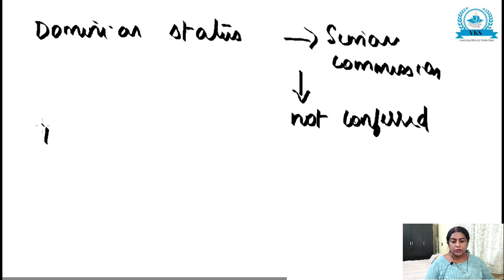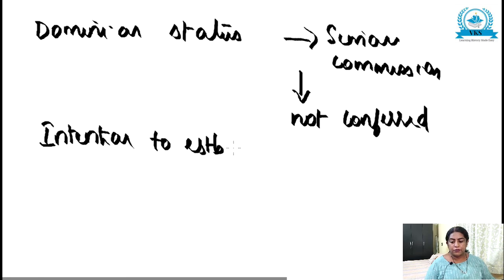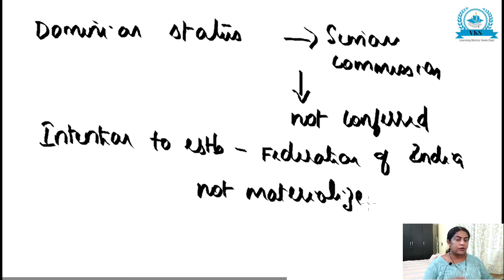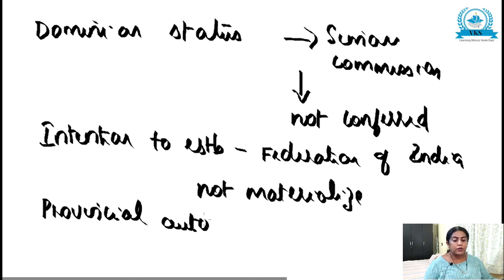Then next one, the intention to establish a Federation of India did not materialize completely. And the degree of provincial autonomy introduced at the provincial level was limited.